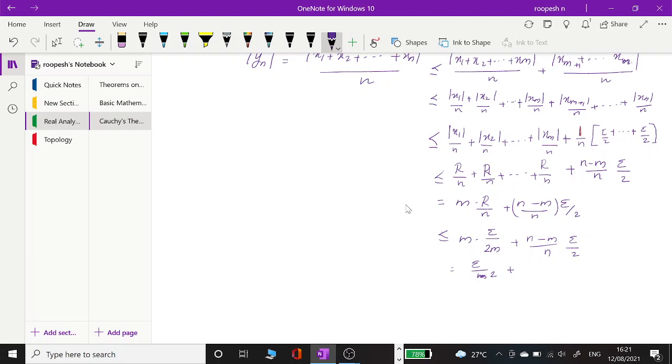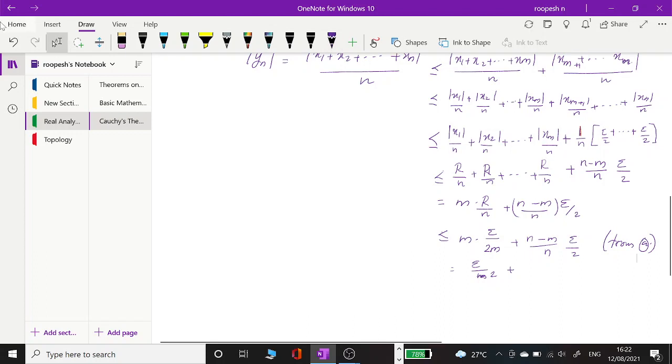What will it reduce to? Anyway, it should be less than epsilon, right? So we can have this from A, right?